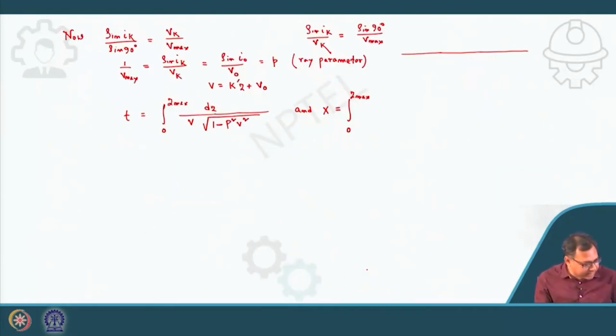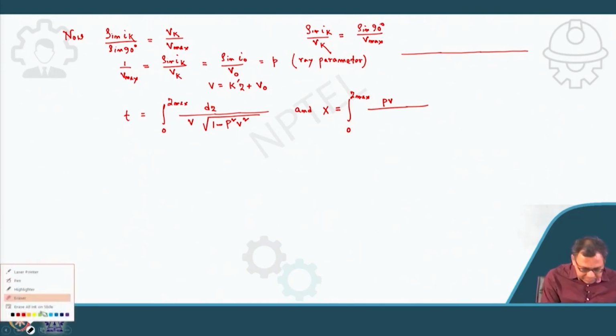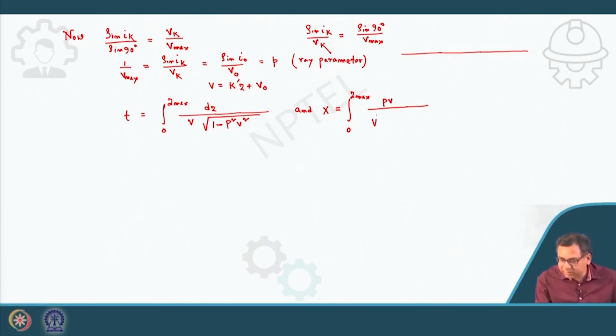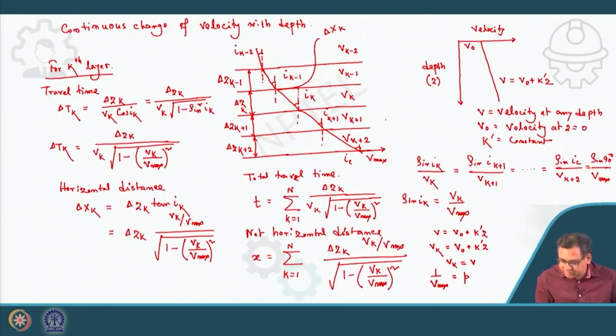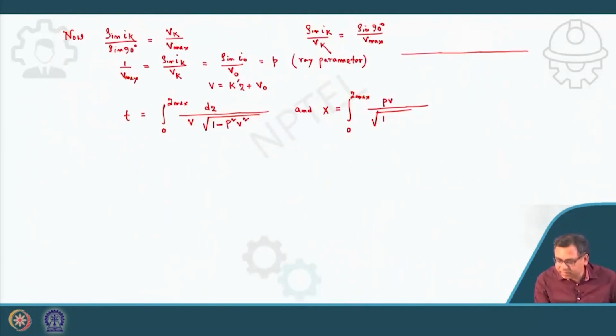So I can write it as pV, sorry, V is not there, so this will be root over 1 by 1 minus V square p square dz.